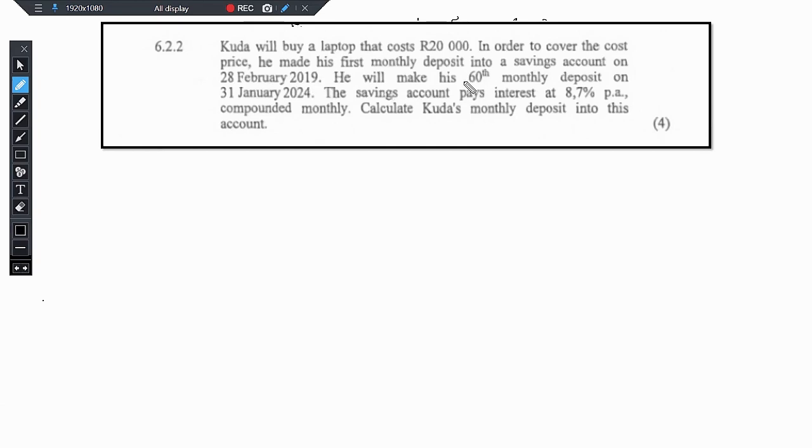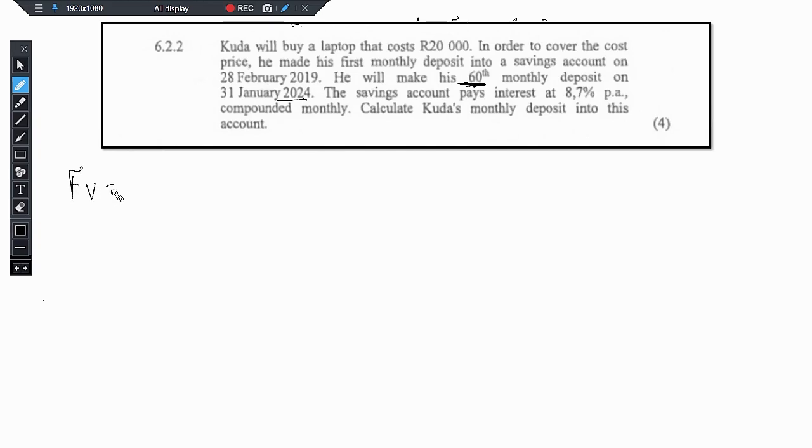He will make his 60th monthly deposit on 31 January 2024. So now we are being told that there are 60 payments in between. The savings account pays interest at 8.7% per annum, compounded monthly. Calculate Kuda's monthly deposit into this account.